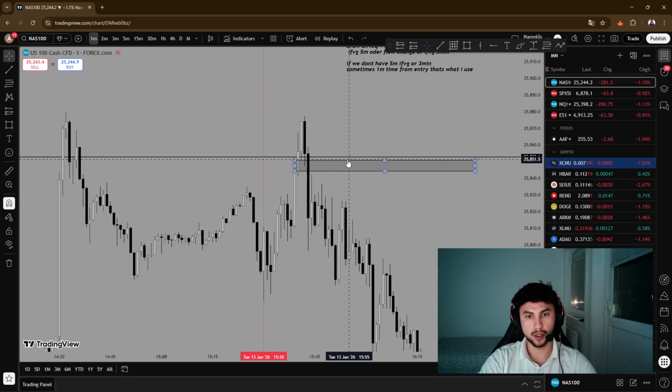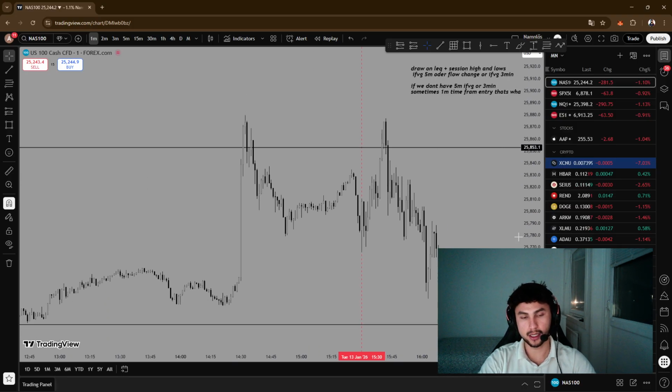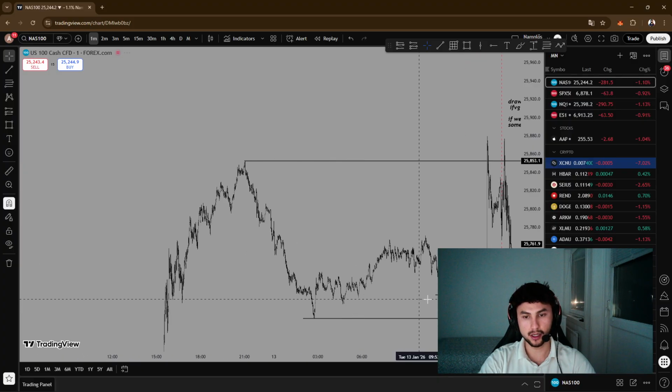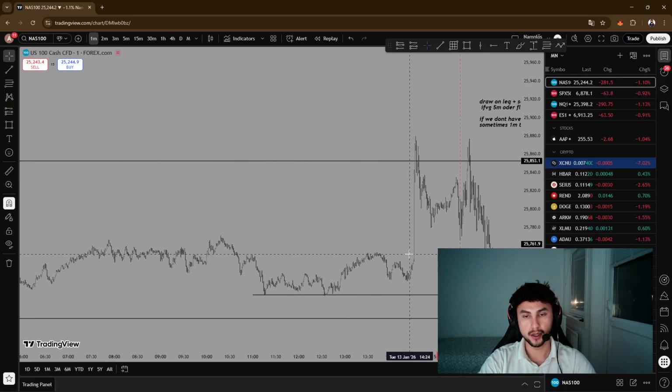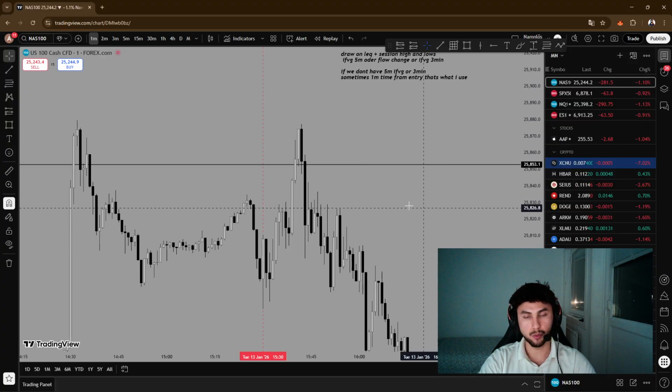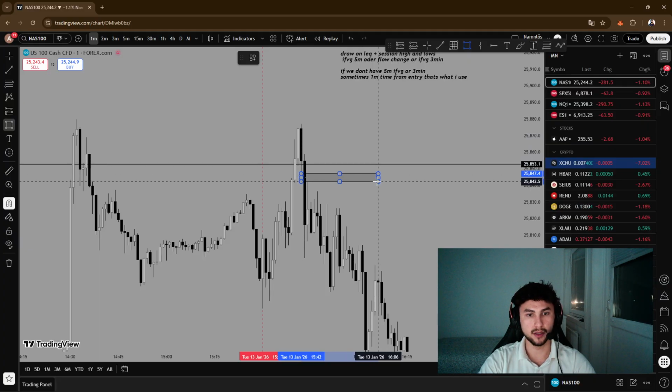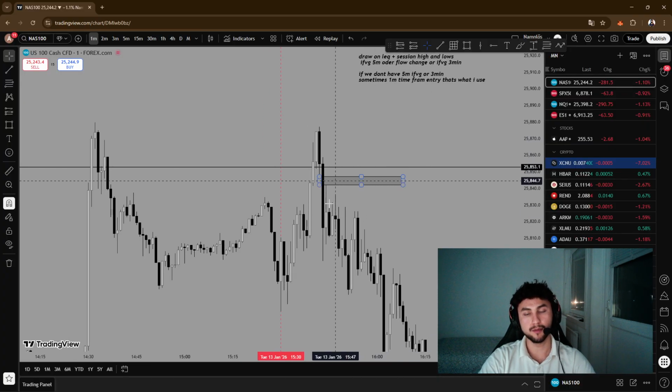If we did not have these session lows, this is London low and Asia low, I would have wanted to wait for price to actually come and fill into this 1 minute and give us bearish closure to the downside. And that would have meant no entry this day for us.